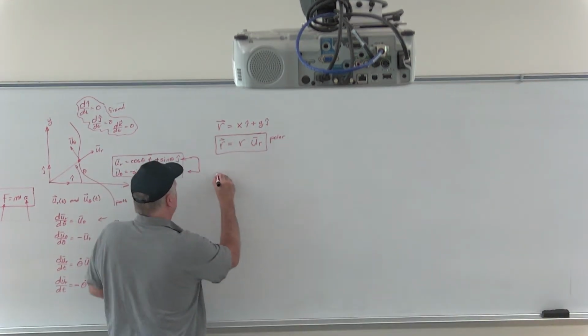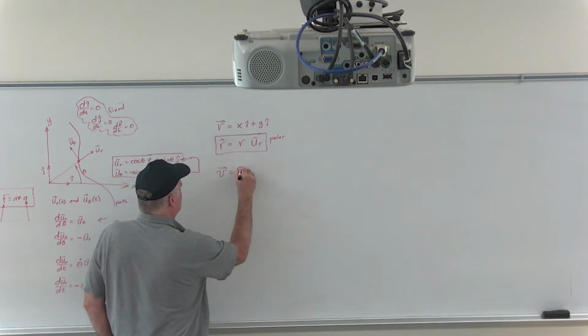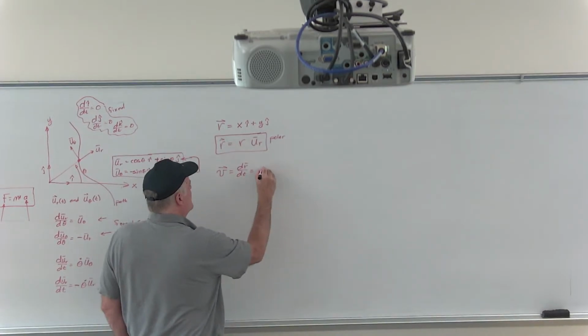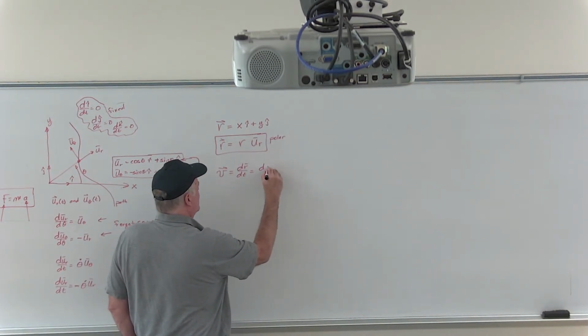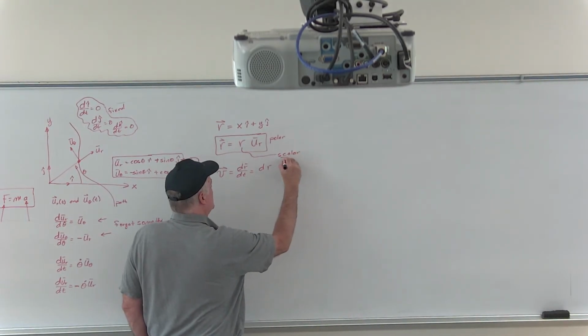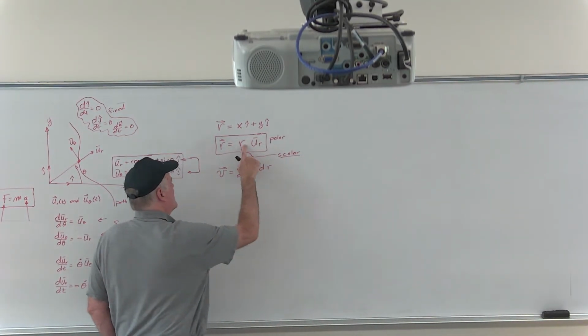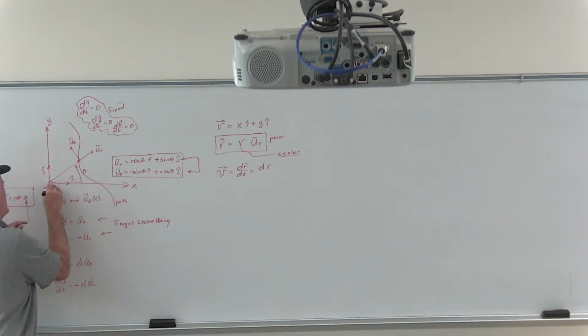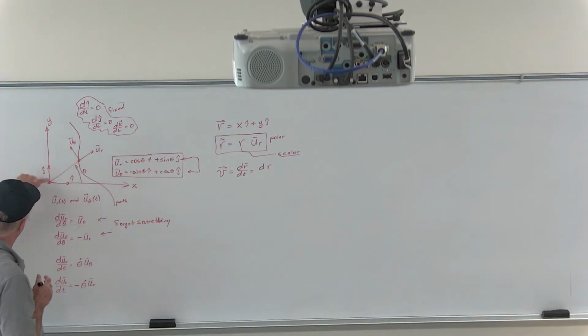okay, let me just do it like this. Velocity is equal to this, which is equal to, believe it or not, this, which this is a scalar. It's the length or the distance from the coordinate origin, say right here, to that point. So when you get up here, it gets a little longer.